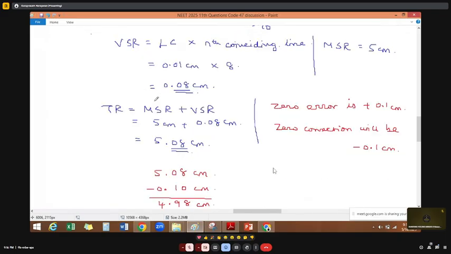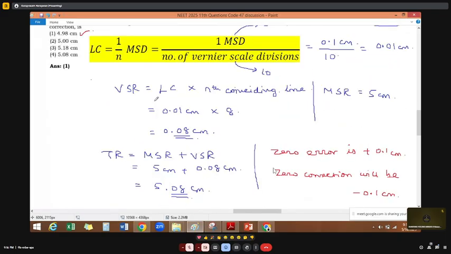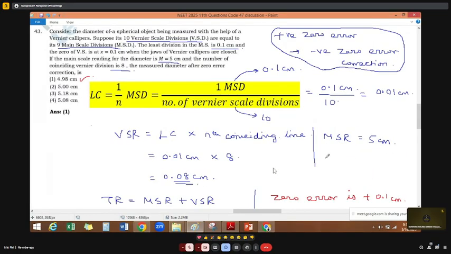Any doubts? Are you getting how to find the total reading, MSR plus VSR, how to find VSR, how to find zero error? Yes. Very, very useful problem, very often asked. Again, for people who are saying it is very difficult, I would say they did not do the past paper questions. All these things are already asked in the past paper.